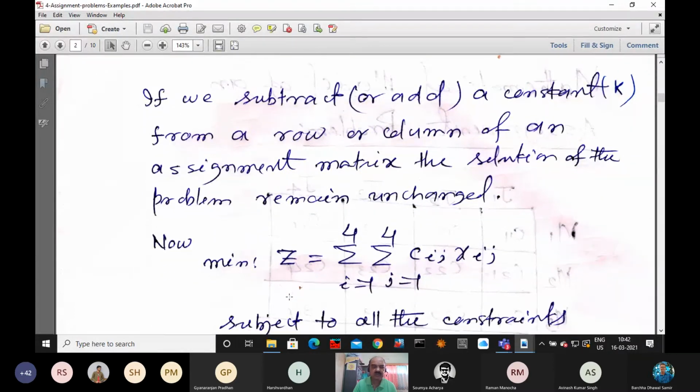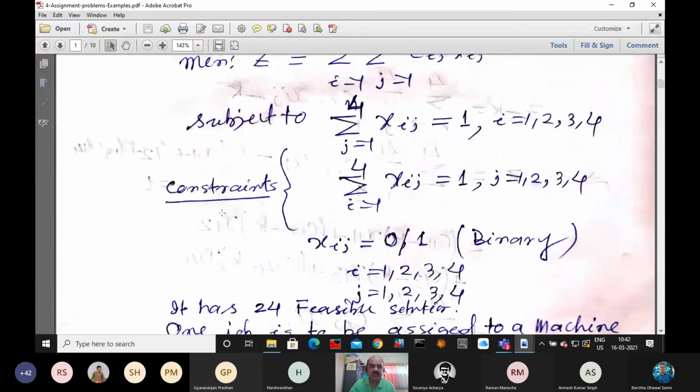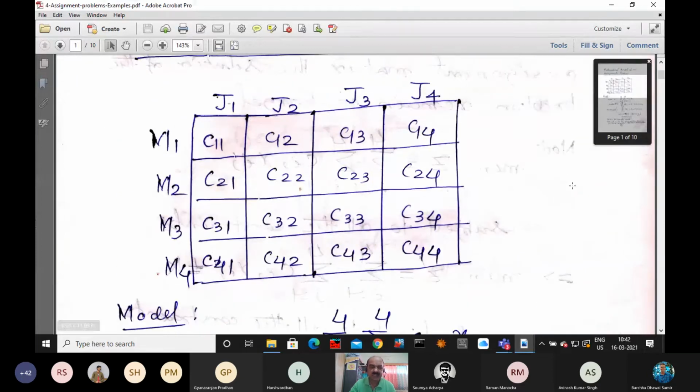Here is a result. The result says, if you subtract or add a constant k from a row or a column of an assignment matrix, the solution of the problem remains unchanged. There is no change in the solution. So this is our assignment matrix.